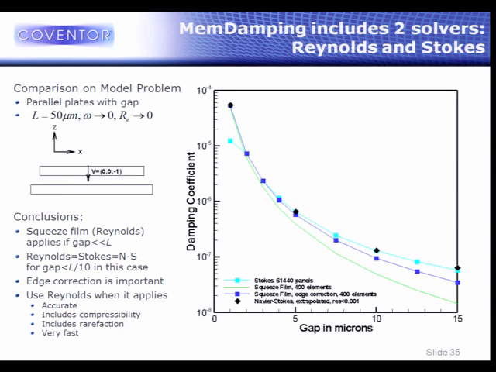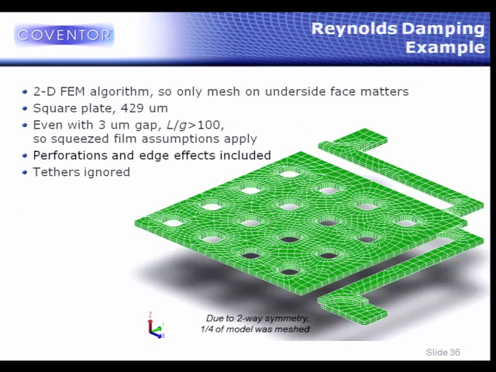We'll see that the Stokes solver, which is a 3D solver, compares well with the full Navier-Stokes equation for those large gaps, whereas there's some error in the squeeze film solver, with certainly considerable error if you don't correct for what happens at the edges, and still some error if you use the edge corrections that are available. So again, you need to use some judgment. There's one point that's off here. That was just a case of the mesh being too coarse.